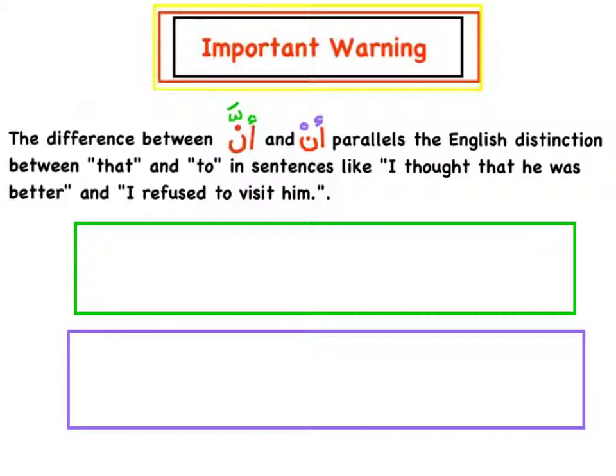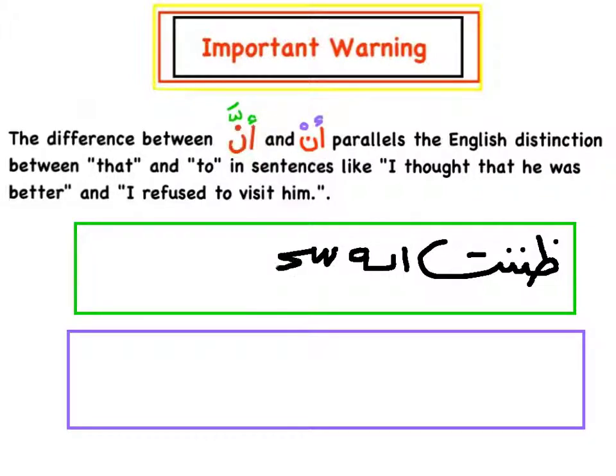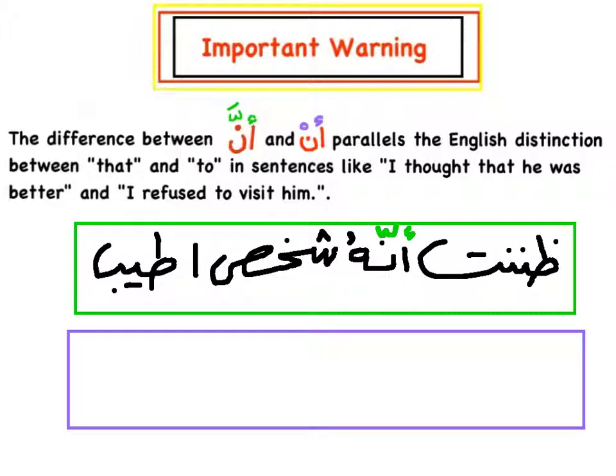I would say ظننت أنه شخص أطيب. Oops, I forgot to dot that. I thought that he was a better person.